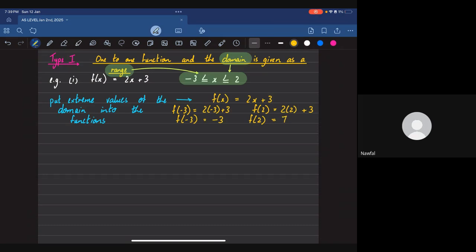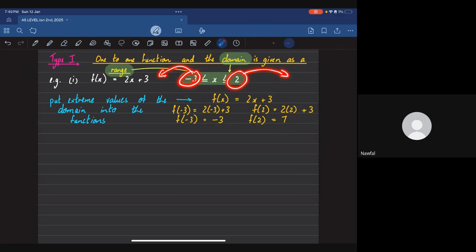This is telling us what? This is telling us that when you put the limits or the boundaries of your domain into your function, it is going to give you values which determine the boundaries of your range as well. Because you cannot put anything smaller than this and you cannot put anything greater than this.